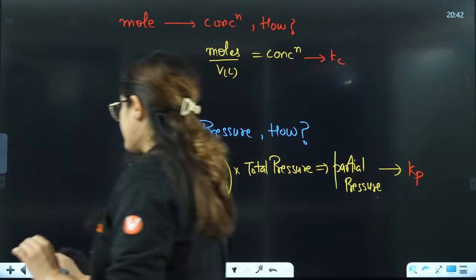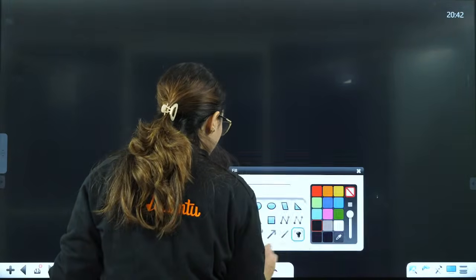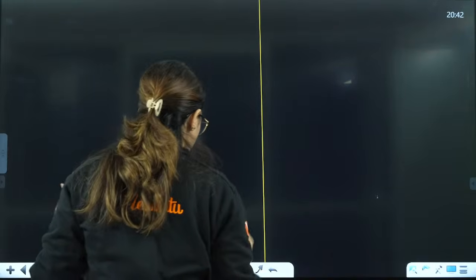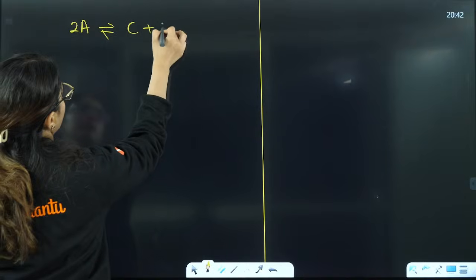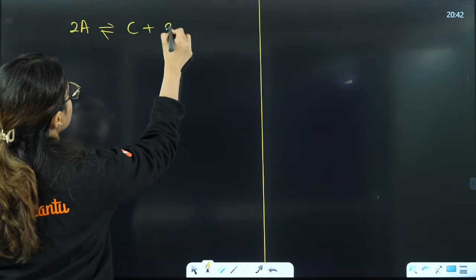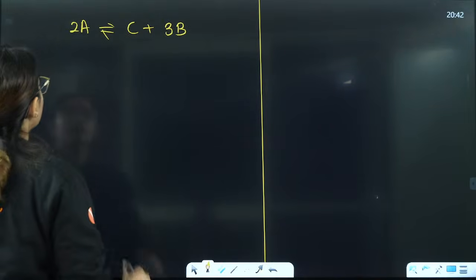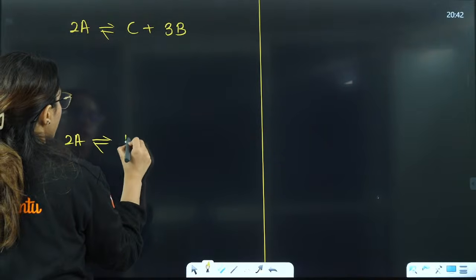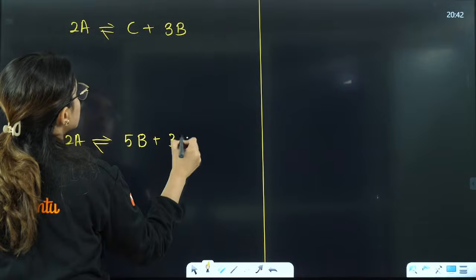Okay, see one thing. You have any reaction, any random reaction I'm writing. 2A gives rise to C plus 3B. This is the reaction that I am writing. Now in the same case, 2A gives rise to 5B plus 3C.